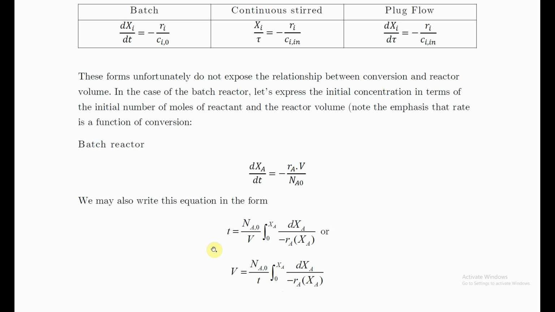But we read this as: if we want to accomplish conversion XA within time T, then this is the volume that we need for the reactor. Only a reactor of this volume can accomplish that conversion in that time. So that's how we can design the reactor in the batch case.